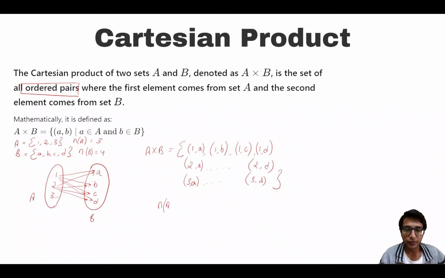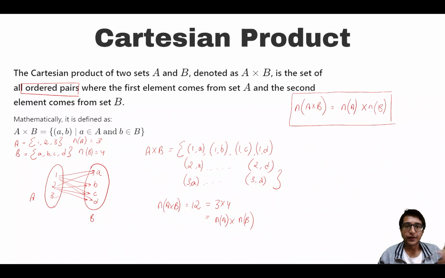So n(A cross B) is equal to 12, which is nothing but 3 into 4, which is n(A) into n(B). So keep this in mind: the number of elements in your Cartesian product is equal to the number of elements of A into the number of elements of B.